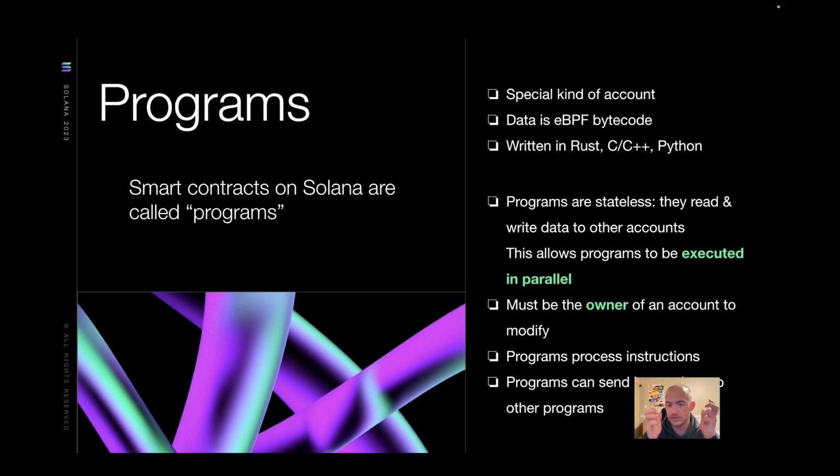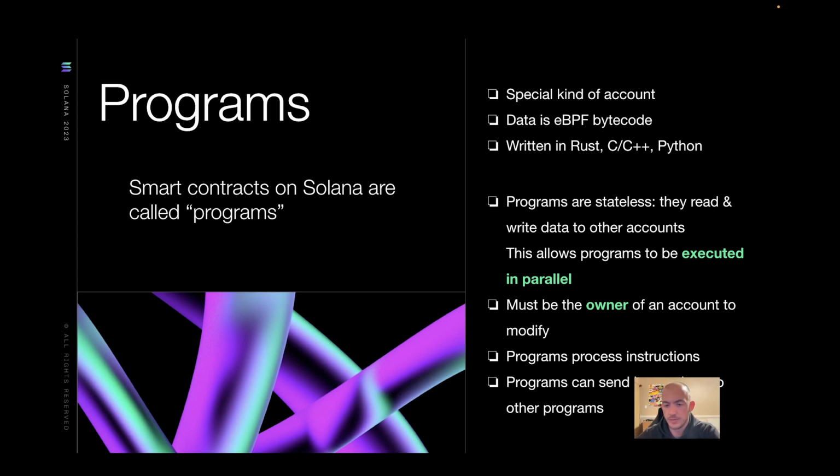Conceptually, programs process what are called instructions, and we'll see those later. And programs can also send those instructions to other programs as well, right? So think about it like you might need to do something to an account that your program doesn't own, but then you might need to do something else right after or what have you. You can actually go invoke another program and come back to yours.